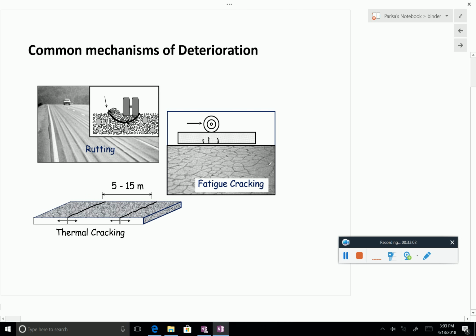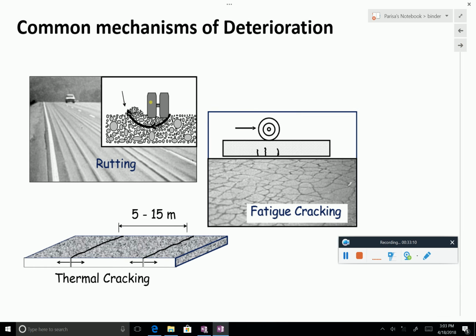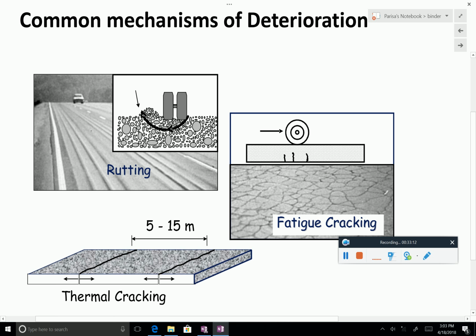So rutting happens, for example, in high temperature. What happens to asphalt binder in high temperature? The viscosity goes down. That means it flows.